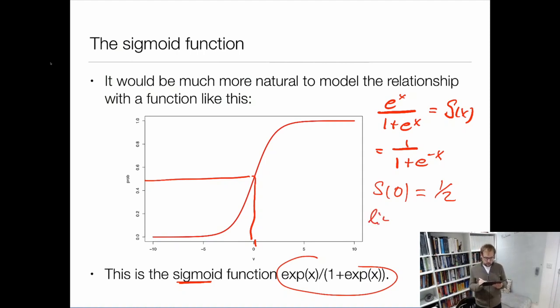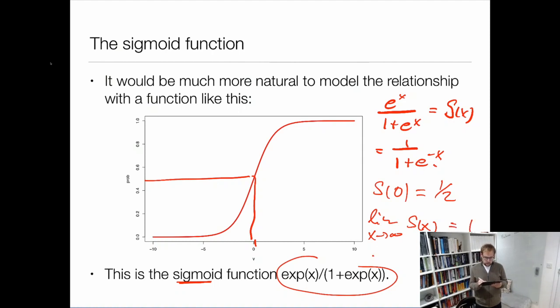So the limit of x going to infinity of s of x. The easiest way of seeing it is if I look at this expression below here, it's 1 divided by 1 plus e to the minus infinity, which is 0. So it's 1 divided by 1, so it's 1 here.